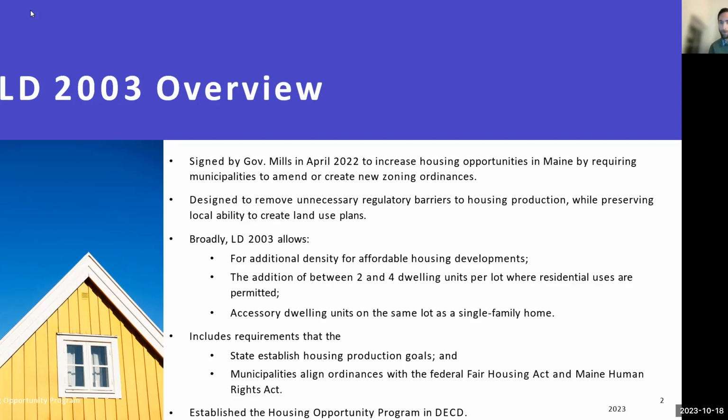LD 2003 also has provisions regarding statewide housing production goals, which will be established in the near future, as well as some framework around the Fair Housing Act, and that as municipalities, we should be trying to structure ordinances based on the Fair Housing Act. As I mentioned, a lot of this slide deck will not go into the weeds of LD 2003, but I'll give you a little bit of a framework for what it is.